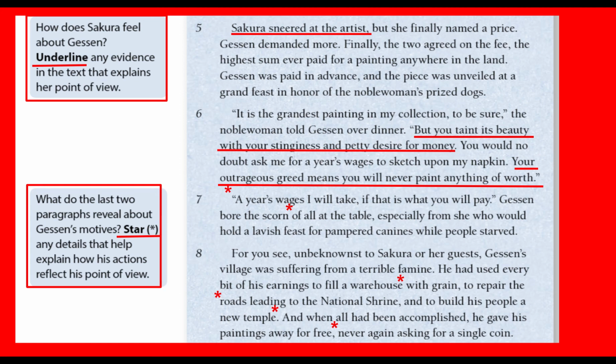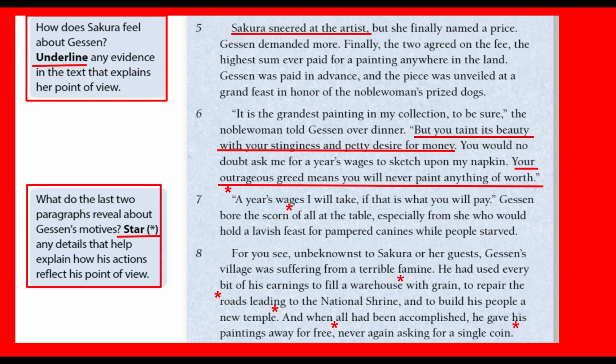So even though he may have seemed like he was charging a ridiculous amount, he did it because he had good intentions of spending that money to be helpful. And after he had helped the village recover, he gave his paintings away for free, right? So I put my star beside free because that reflects his point of view.